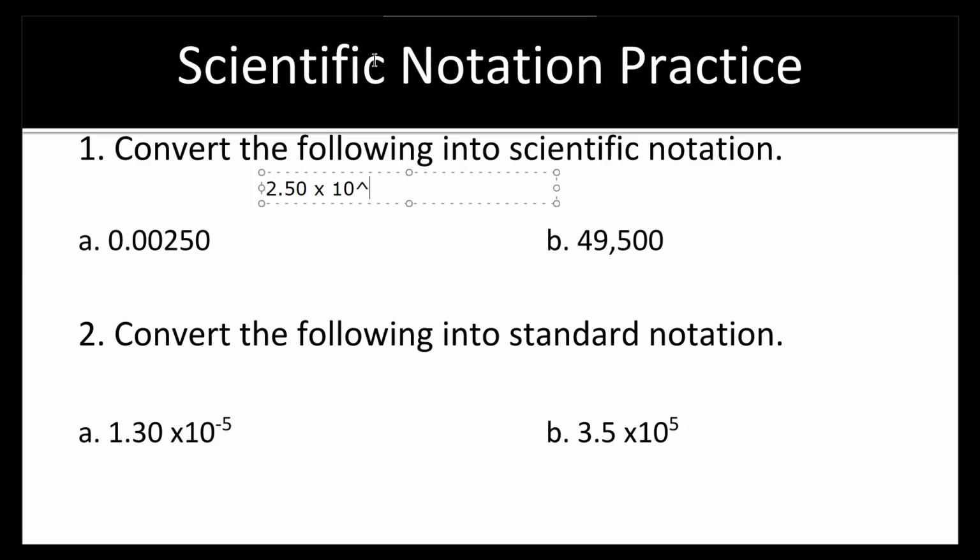So I'm going to count now how many decimal places this is going to move over. A couple things to realize: if this is a small number, it's going to be a negative exponent. And if it is a positive exponent, it's going to be a big number, not a decimal. So we're going to count the number of zeros. We have 1, 2, and 3.